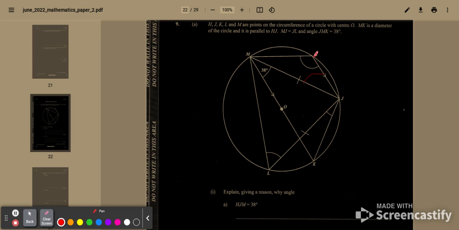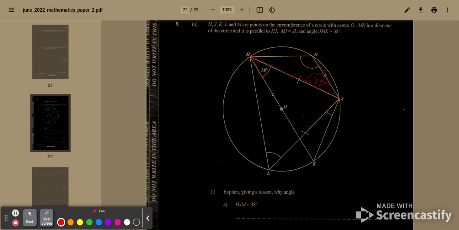If you realize, this actually forms a Z angle, right? And we call Z angles alternating angles, right? And what do we know about alternating angles? They are equal. So if this angle here is 38 degrees, this angle here is 38 degrees as they mentioned. So the reason why this angle is 38 degrees is because alternating angles are equal.